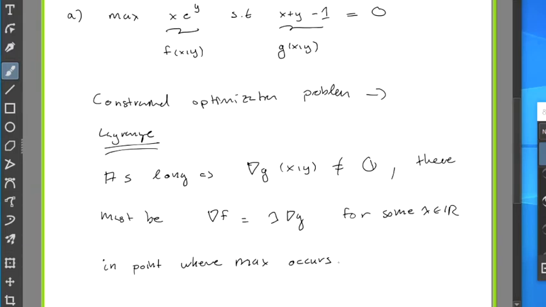And observe that the problem text actually gave us that a maximum exists. So we don't need to worry about that here. That was also explicitly mentioned.